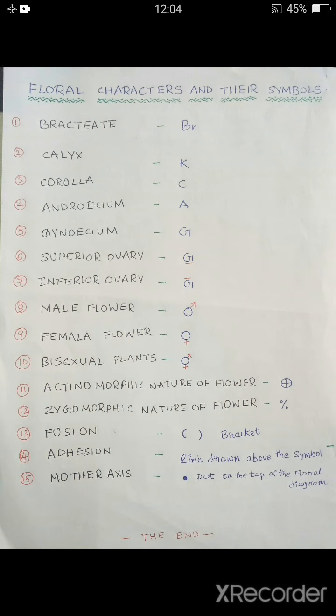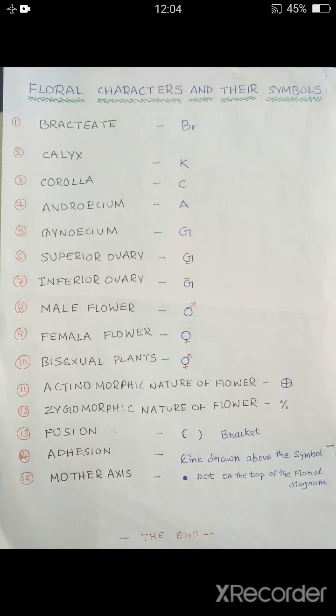Let us have a look at this semi-technical description of a flowering plant. The floral formula is represented by some symbols, right? Let us see what are those different symbols given by taxonomists for the different floral characters.